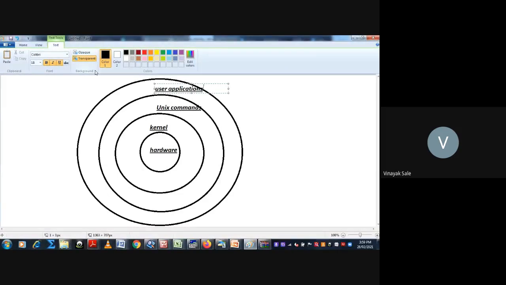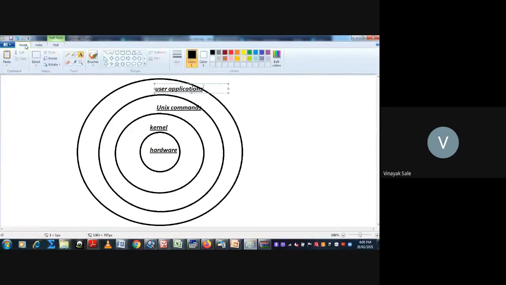Suppose I have taken a vertical section of this, like this. Suppose I have taken a cross from here to here and here to here.